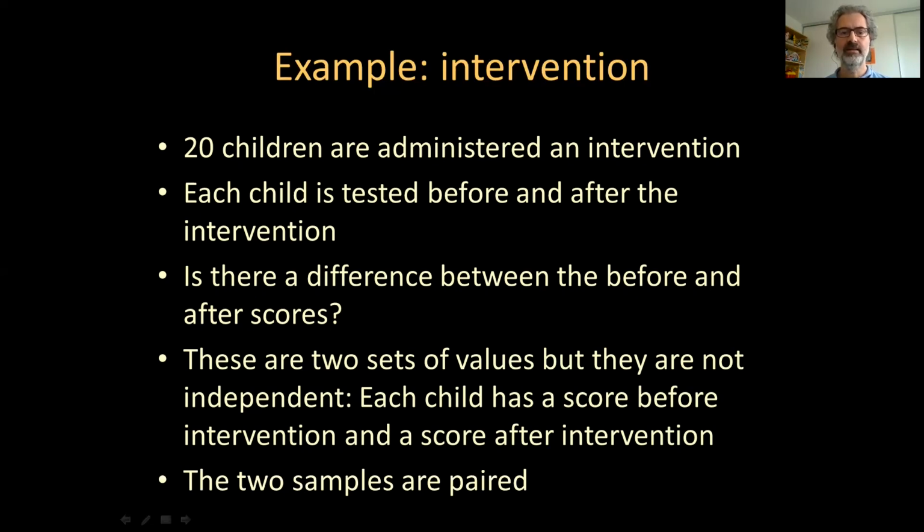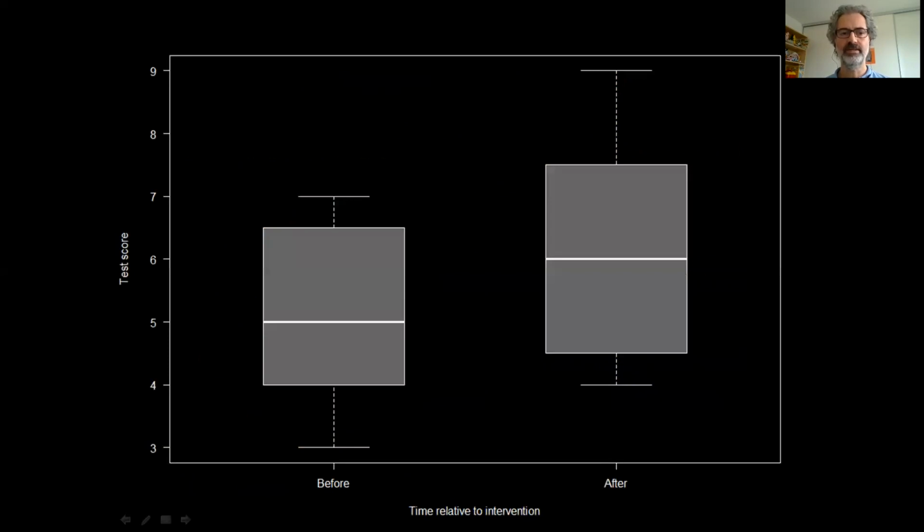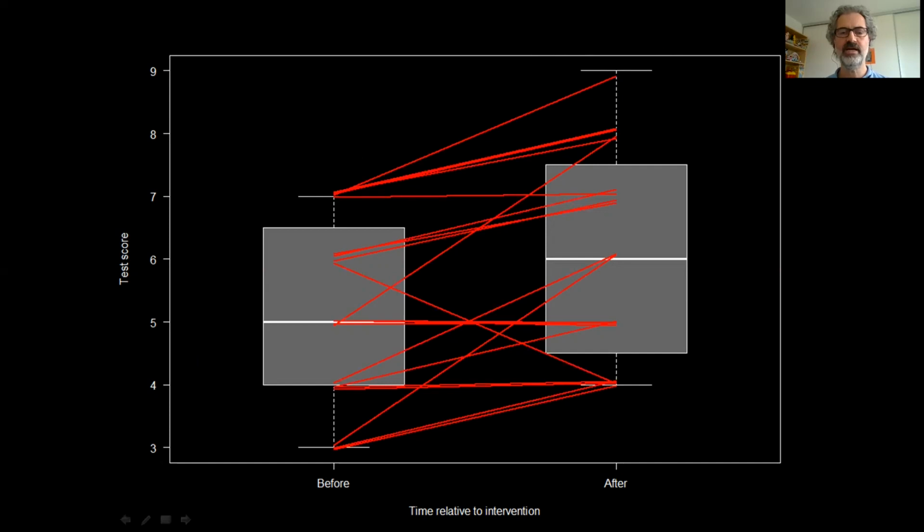If we look at the box plot for this situation, we can see that there is a before sample, here is the set of values, and an after sample, the other set of values. But this is a bit misleading in the sense that they're not different children. So we could conceivably draw a line for each child, connecting the child's before score with their own after score. I have jittered the lines a little bit so they're all visible and do not fall completely on top of each other.